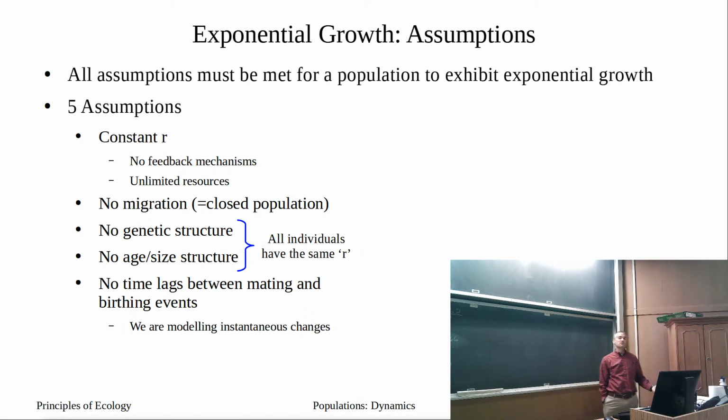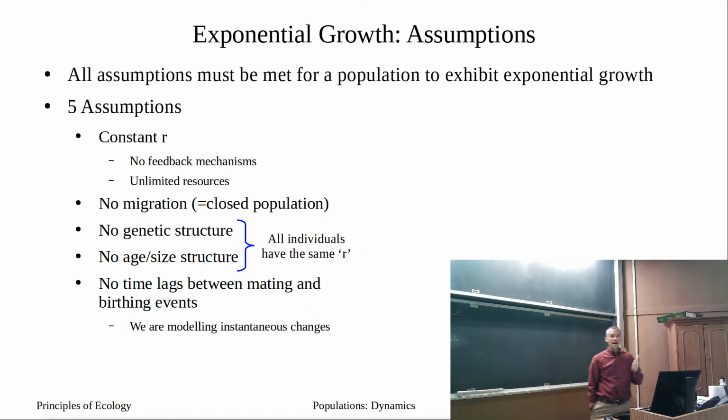They're going to do things to limit our population size, things like space and resources. So in order for this exponential growth curve to actually apply, we have to meet some assumptions. There are 5 assumptions that we have to meet in order to use exponential growth.